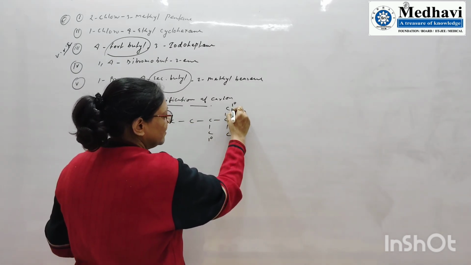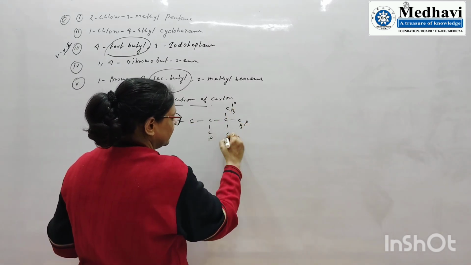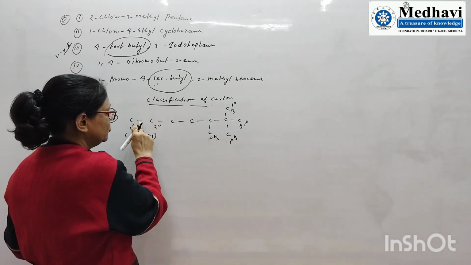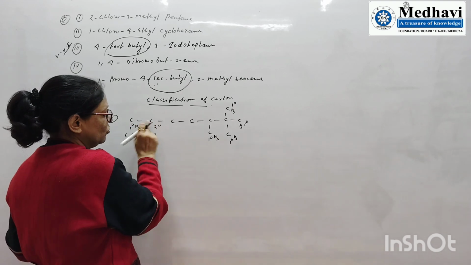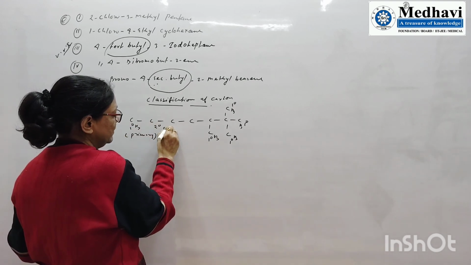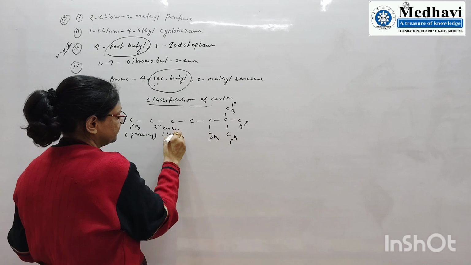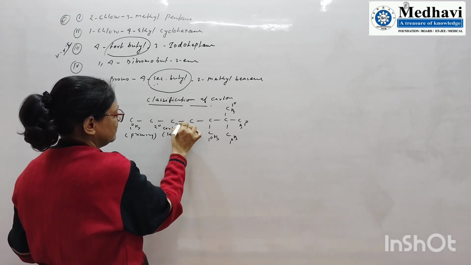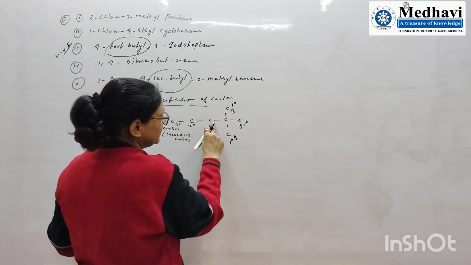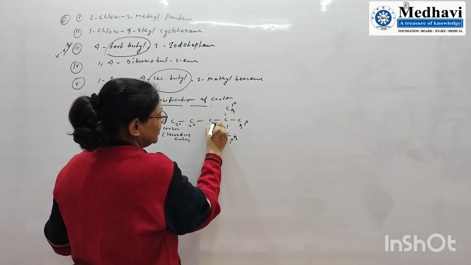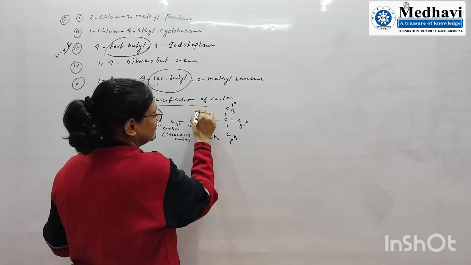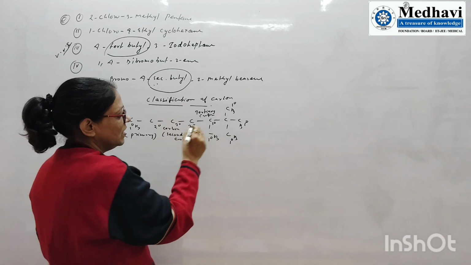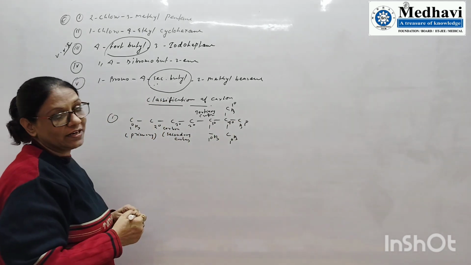If you fill in hydrogens, there will be 3 hydrogens here. This is a 2 degree carbon. See, it is attached to 2 carbons, so this is a 2 degree carbon, also called a secondary carbon. This one is also a secondary carbon. This one is also a secondary carbon. Here, this is joined with 3 other carbons. This is a tertiary carbon. Very, very important information. And this carbon is 4 degree, that is a quaternary carbon.